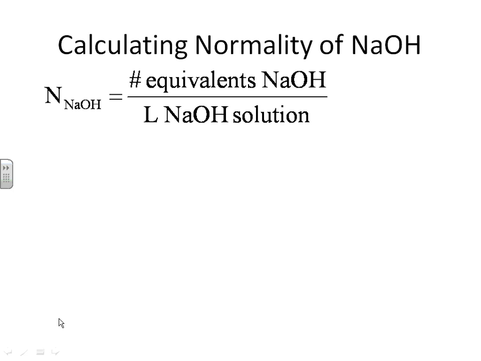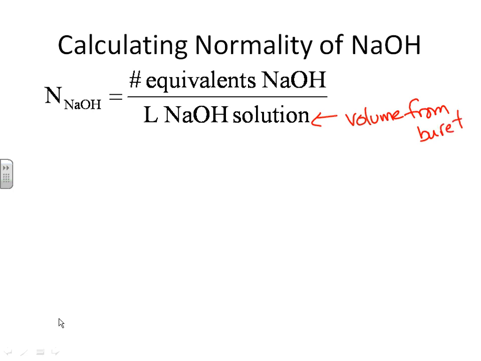So let's start talking about how we're going to get these numbers. Well, first of all, the liters of the sodium hydroxide solution, we are doing a titration after all, and we're using burettes. Burettes we use to figure out how much volume was added. So this number on the bottom is going to come from your burette.